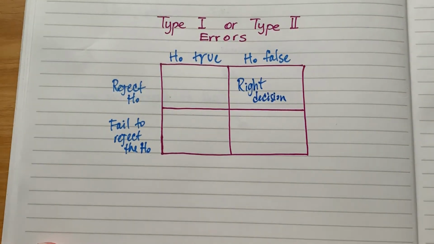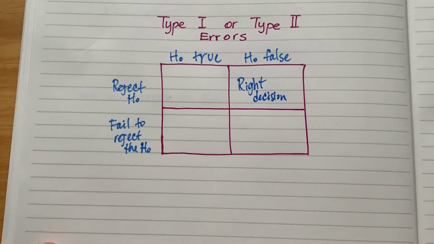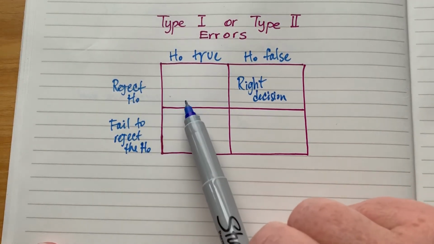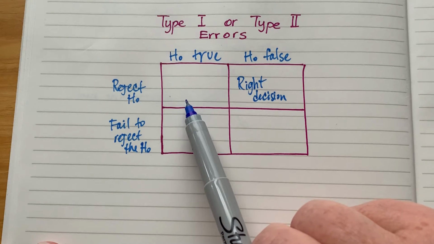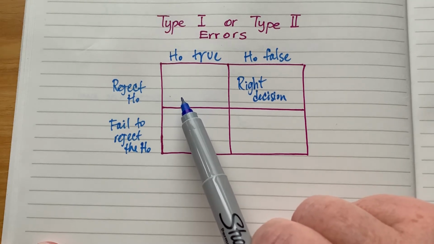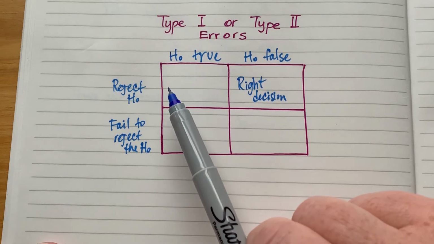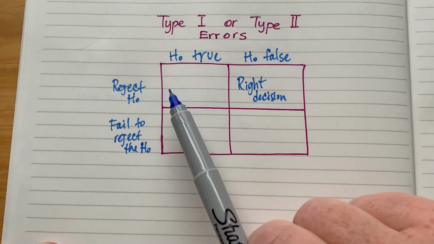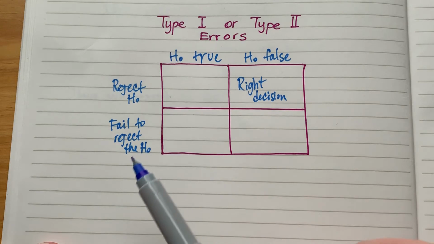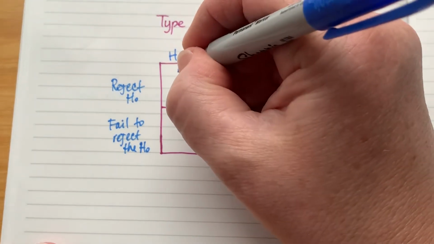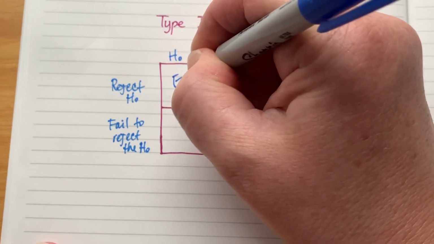But now if the null was true and I rejected it, that is a mistake. Mistakes do happen because of variability. We have overlapping regions between the population and our null, and sometimes we make mistakes. So this over here is going to be an error.